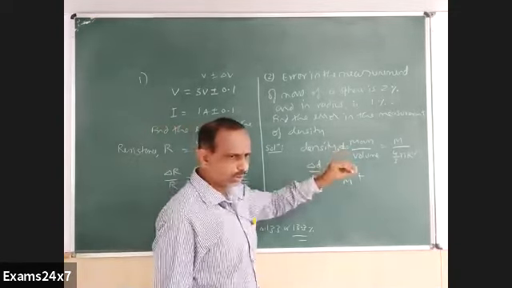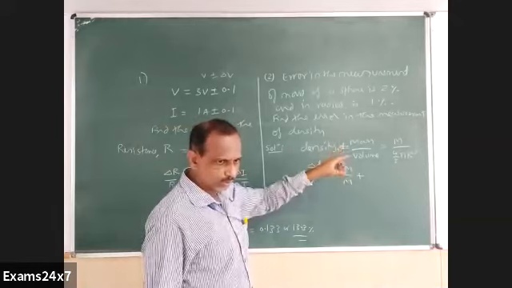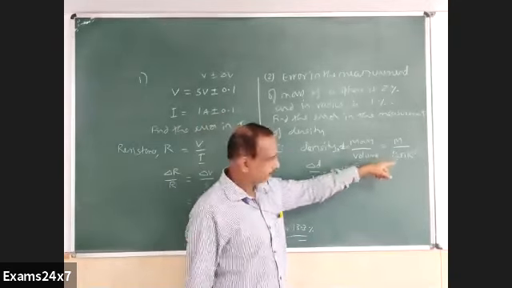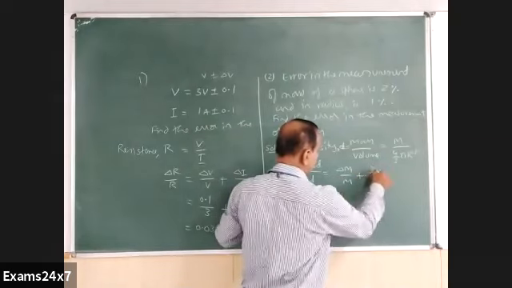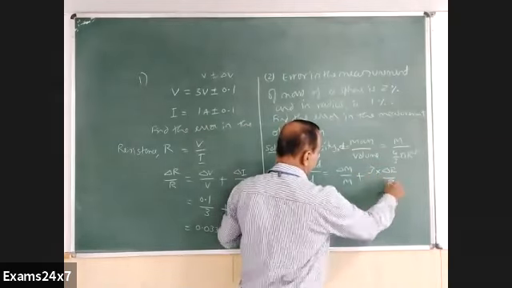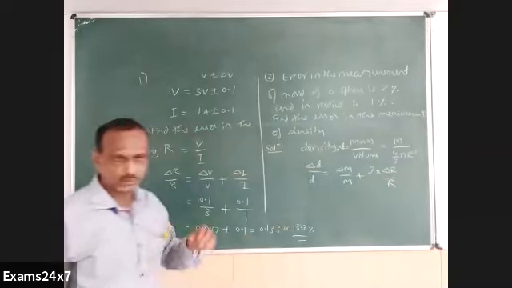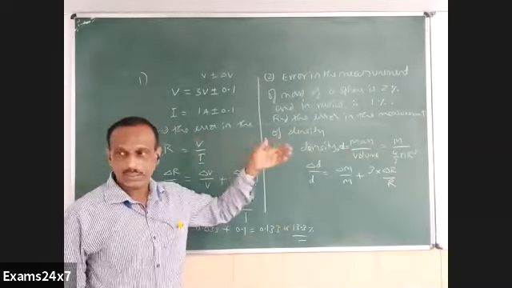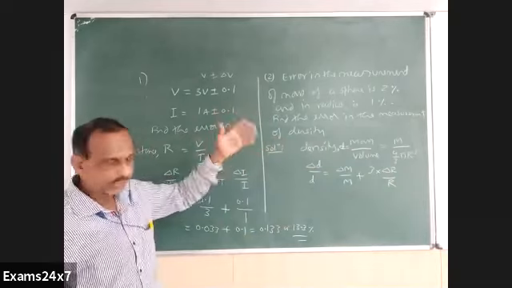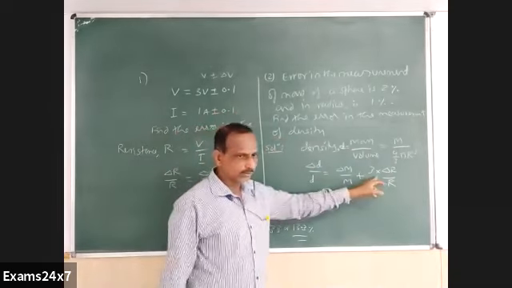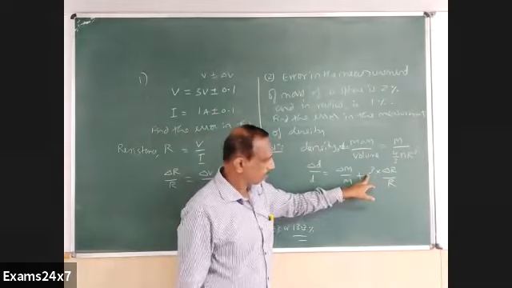4 by 3 pi etc. is not counted at all in the error measurement. Only we have to see 3 into delta r by r. 3 multiplied by delta r upon r. So whether that powered number, cube or square, in the denominator or numerator, whatever, that will not alter the number we write here.